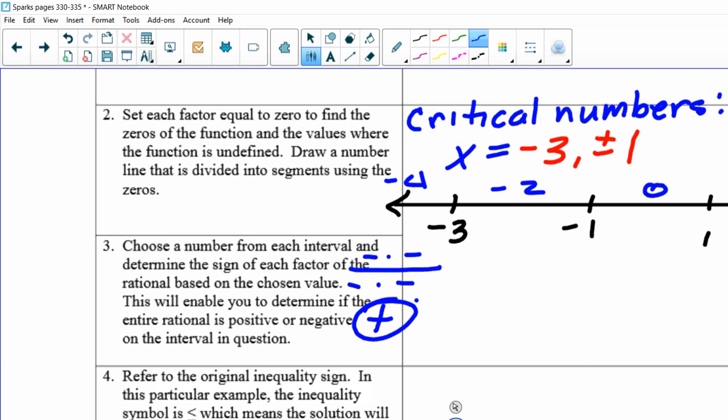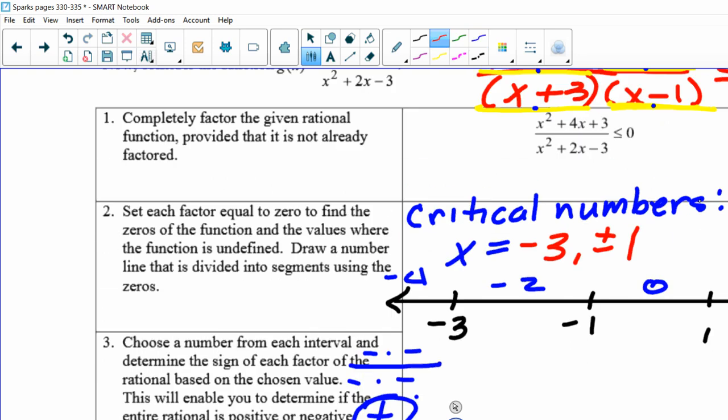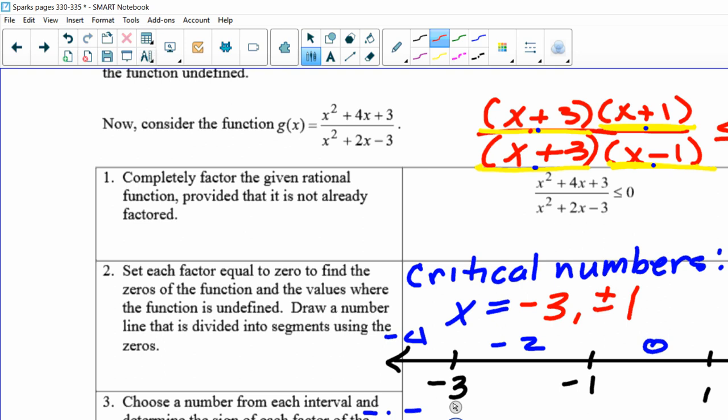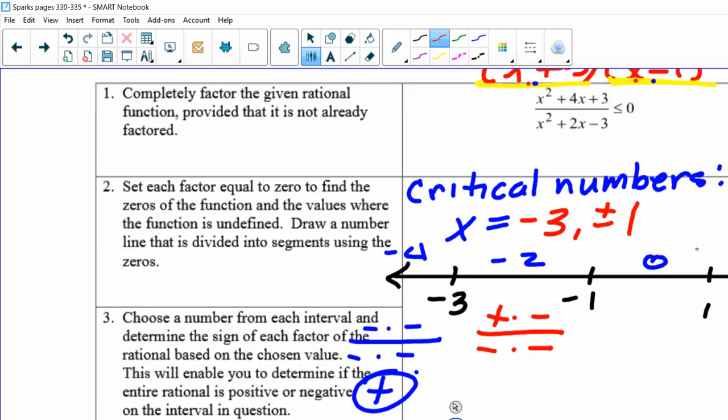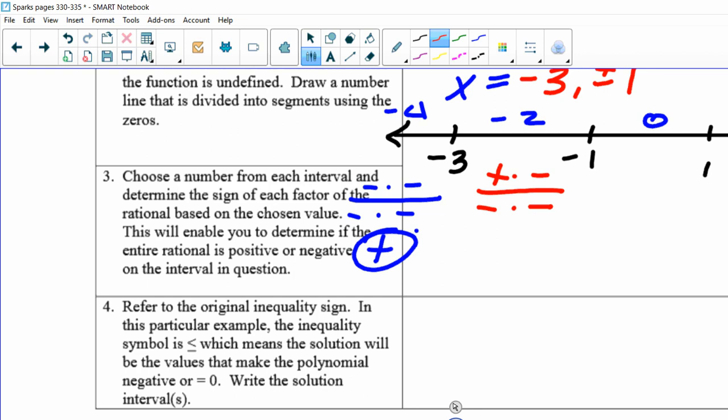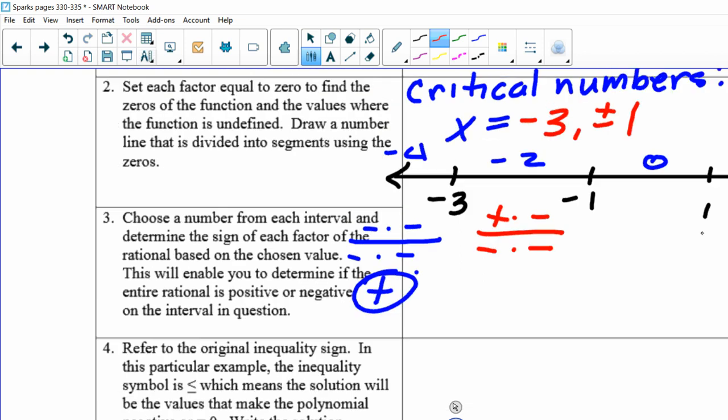What about when x is negative 2? Positive. When x is negative 2, I got a positive times a negative on the top, negative times a negative on the bottom. So I get a negative over a... did I mess up on something?